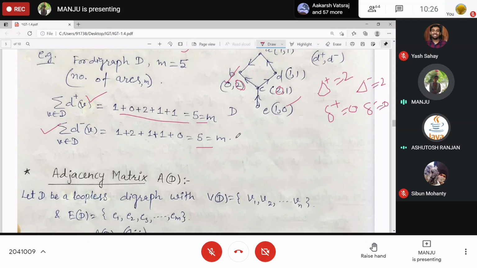Whatever you are explaining is the incidence matrix. For the adjacency matrix, edges are replaced by vertices, and you count the number of edges between the ith vertex and the jth vertex. That will be your Aij.